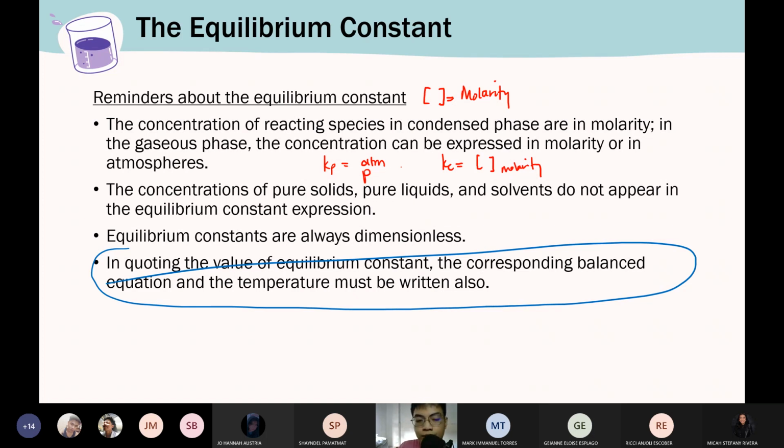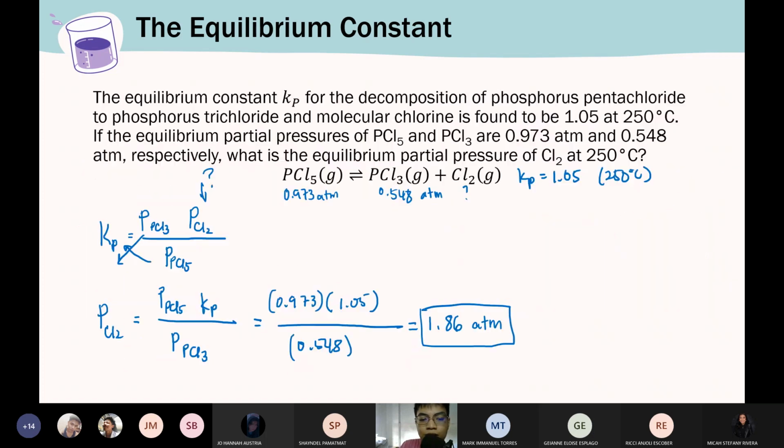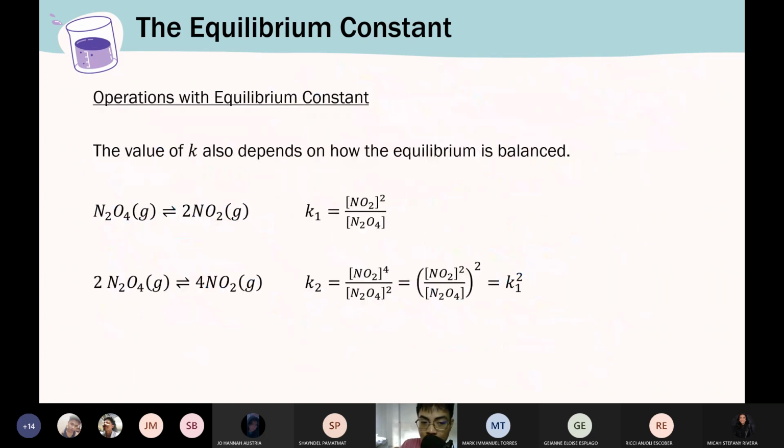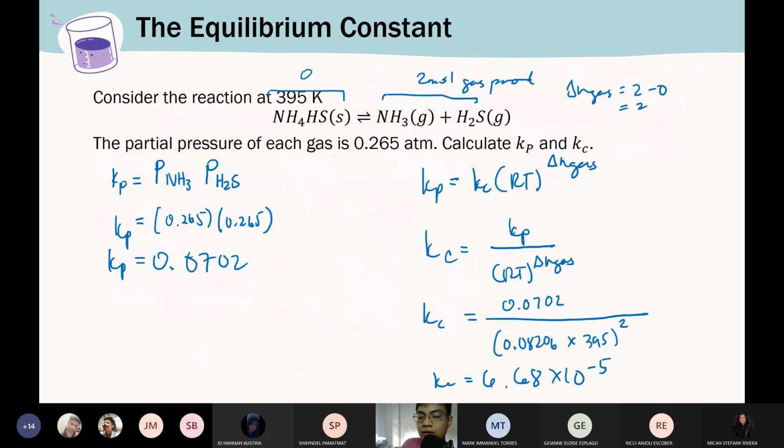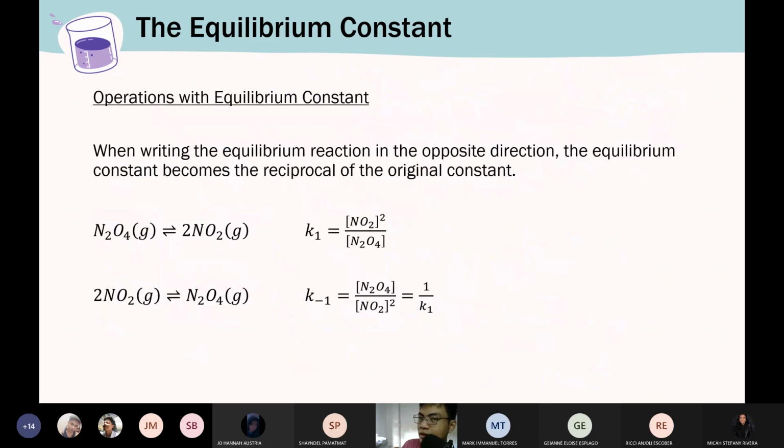Why? Because depending on how you write the equation, the equilibrium constant can be manipulated. For example, if you write the reverse of the equation, the equilibrium constant becomes the reciprocal of itself. What do we mean by that?